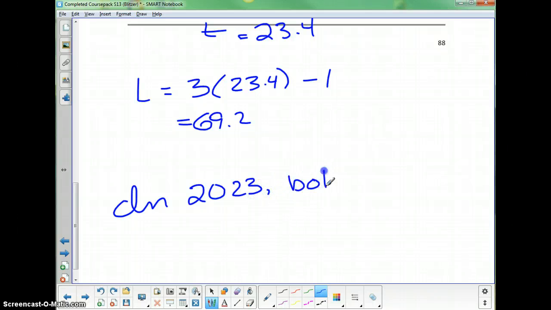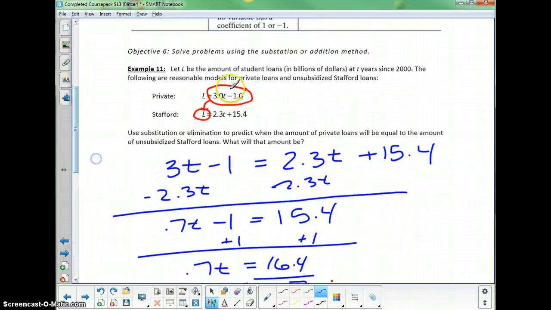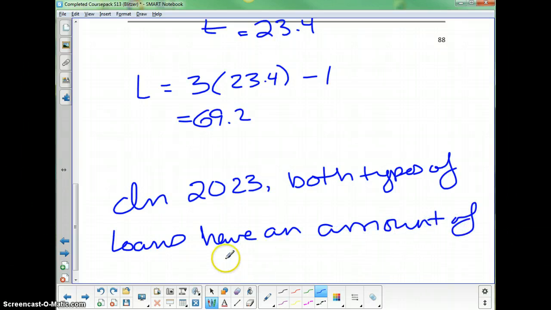Since this is when they're going to be equal, both types of loans have an amount, and that's the amount of the loans, this is in billions, and we say it's 69.2 billion.